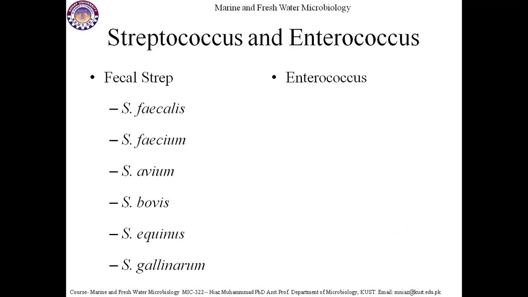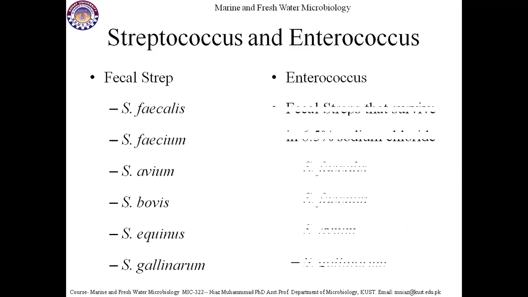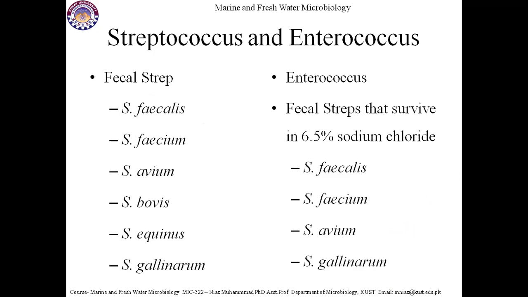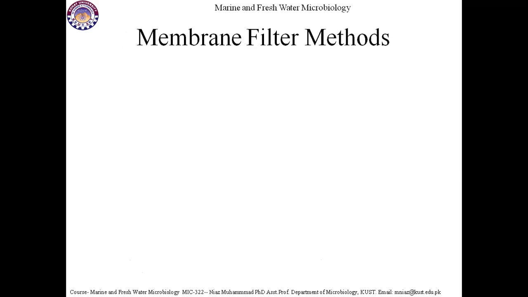Enterococcus, which are present in Enterobacteriaceae, fecal streptococci, survive in 6.5% sodium chloride, such as S. faecalis, S. faecium, S. avium, and S. gallinarum. And due to this, we also can select the Enterobacteriaceae family from water samples.